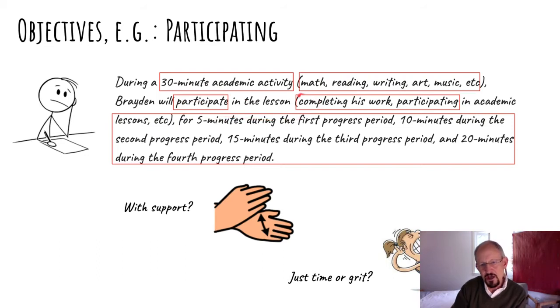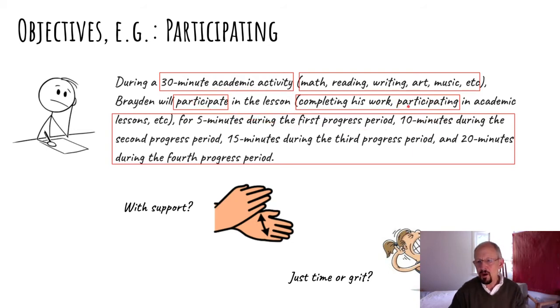In this case, in parentheses, it says completing his work. Now, completing work is one thing, right? If I give you a worksheet, I may not complete it, but I fully participated in the sense that I've been working on it for sustained time, right? So completing work seems like a much higher bar and perhaps something different, like completion of tasks, than simply participation. Secondly, we want to be careful of not defining a term by using the same word.